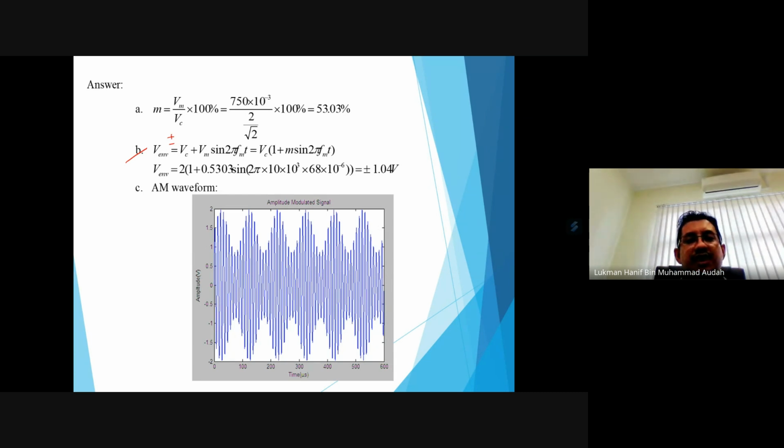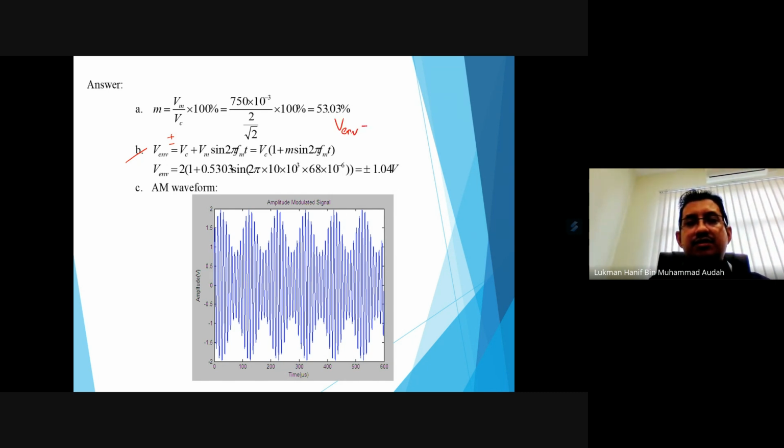So we can write V envelope equal to plus or minus, open bracket, VC, which is 2, plus VM, which is 1.06, sine 2 pi FM, where FM is 10 kilo, so 10 times 10 to the power of 3, multiplied with T, the time.